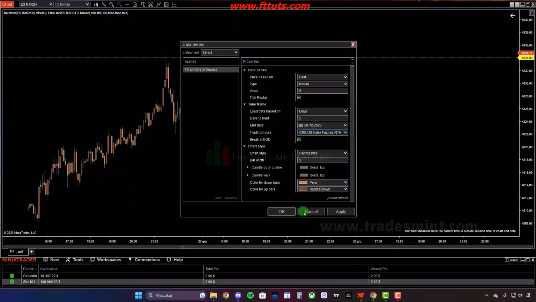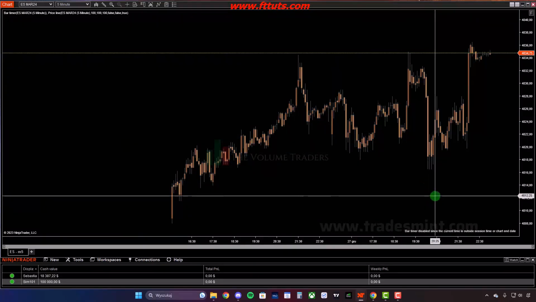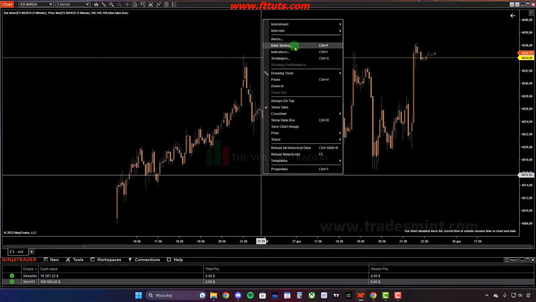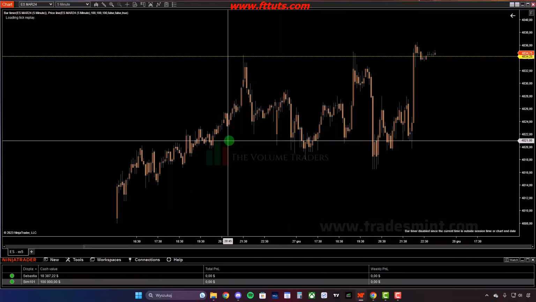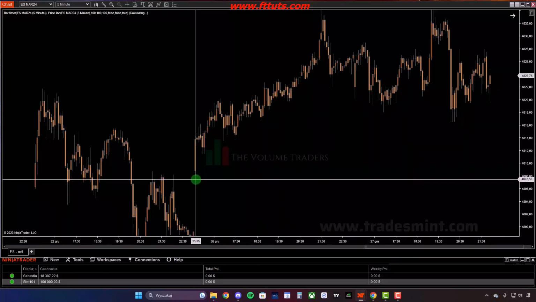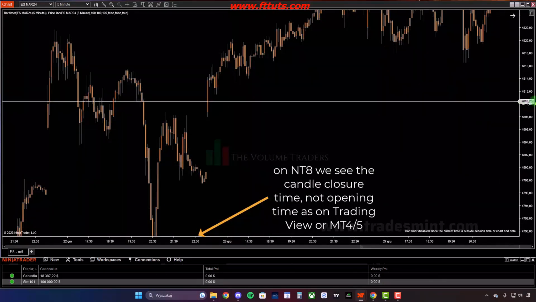I will click this, okay. It will show you only the data where the market is really working, from the stock opening time. I'll just load more days, to show you the differences. Yeah, so you can see this is exactly the stock opening time, there will be gaps.